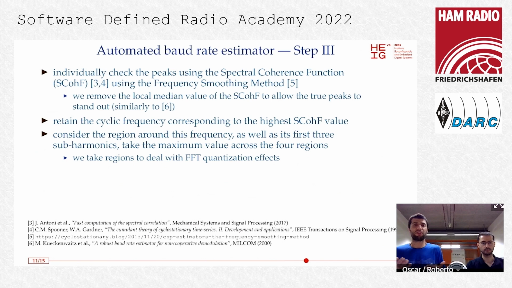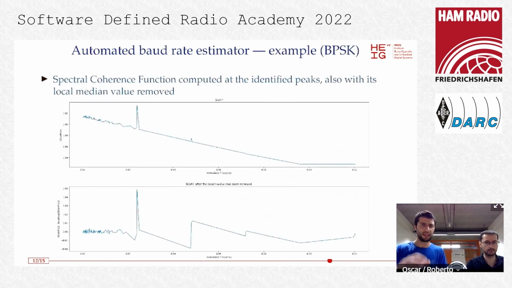Why do we use regions? Because at the end we have quantized the FFT, so we have to take this into account, and we use regions to avoid falling in the bin which is just on the side of the real peak.